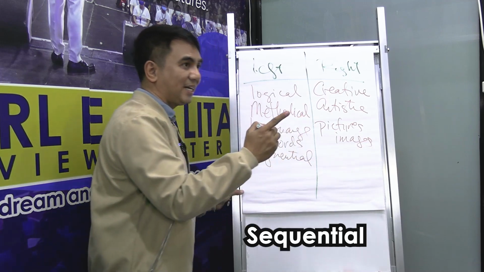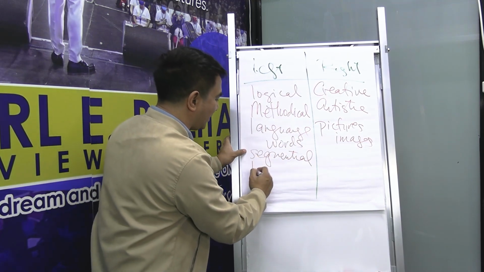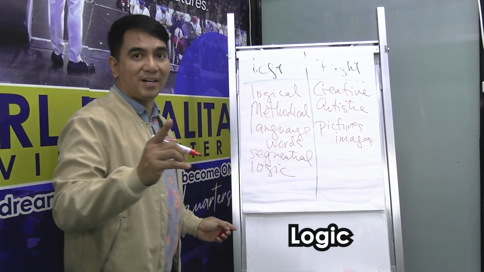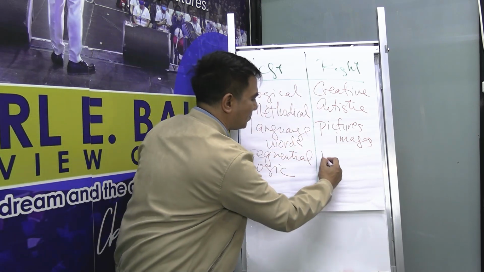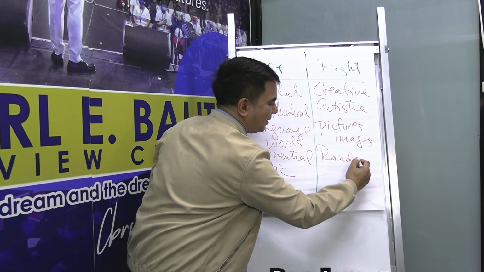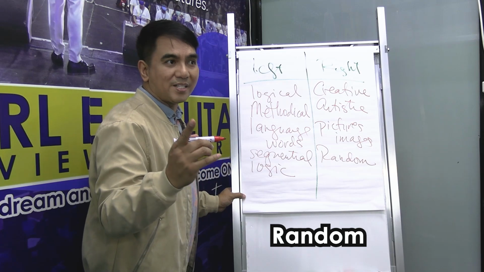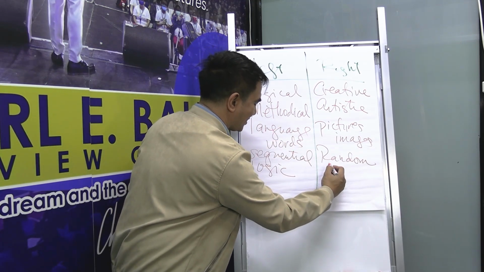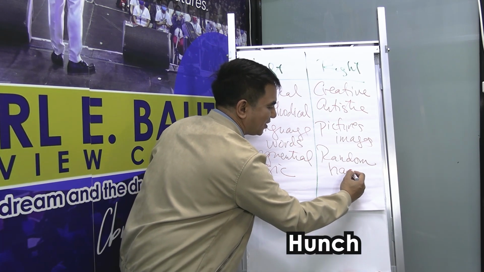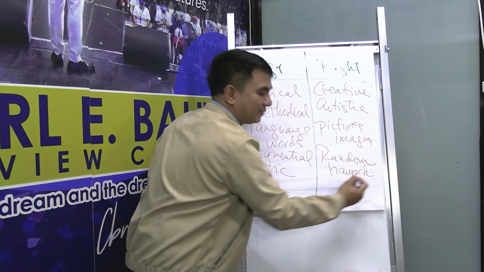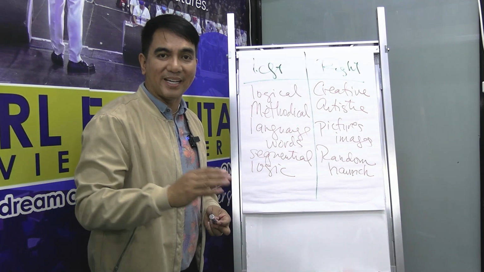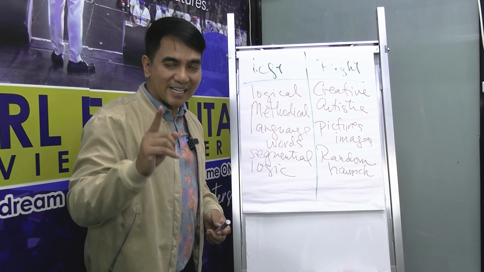Because it's methodical, it's sequential, because it's anchored on logic. However, the right brain is operating randomly. And because it operates in random, it is based on hunch, kutob, pakiramdam. That's why we cannot discount your hunch in test taking.